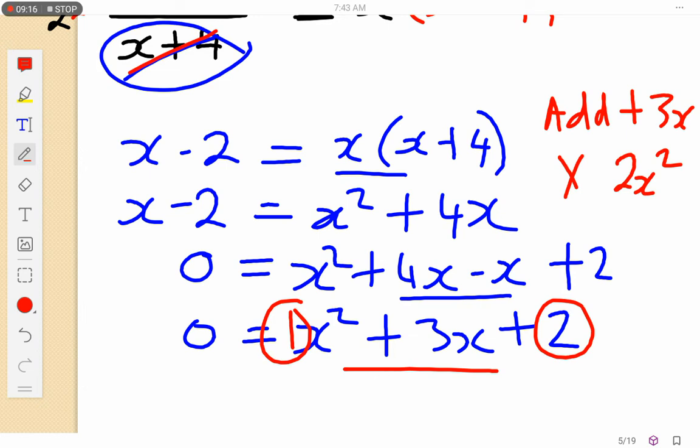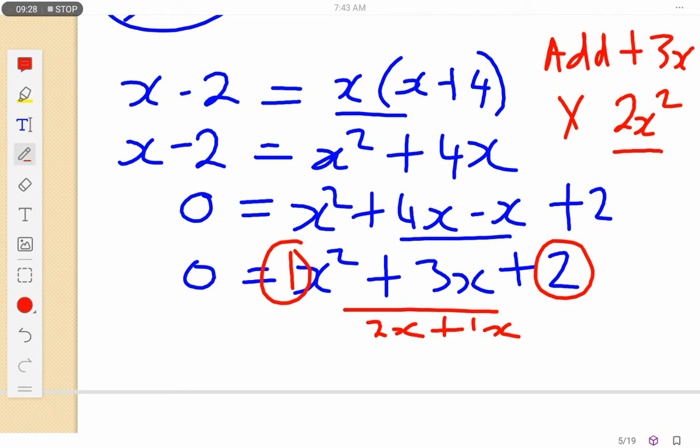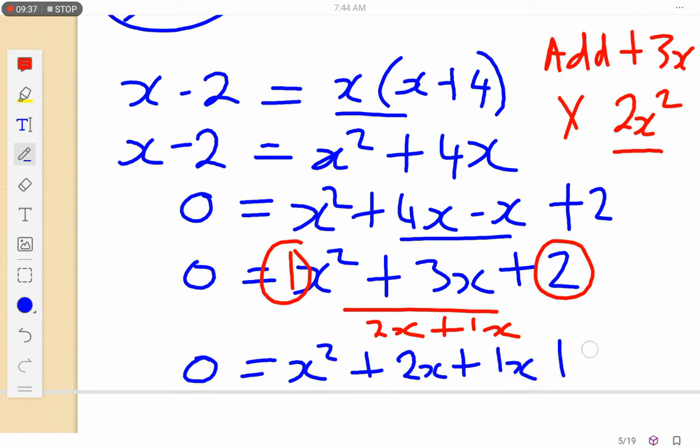So I can say 2x there plus 1x there. When I add these ones, I get 3x. When I multiply, I will get 2x squared there. Okay, so it will come back to that number there. Let's rewrite our equation in that form. So we will have 0 is equal to x squared plus 2x plus 1x plus our 2 there.